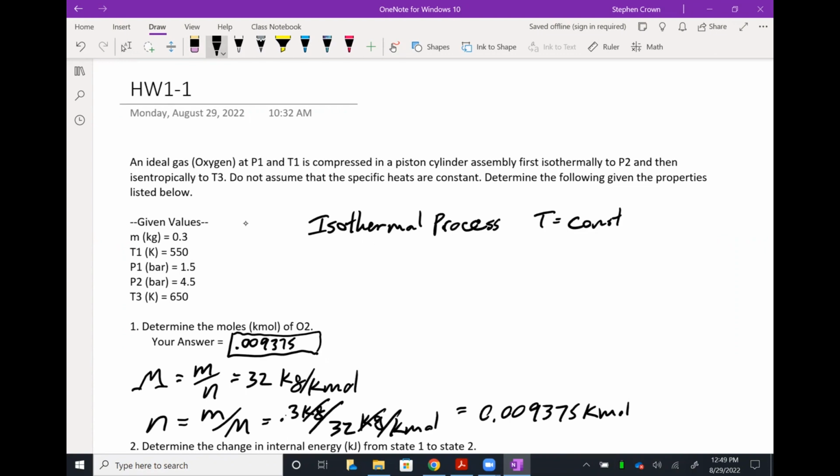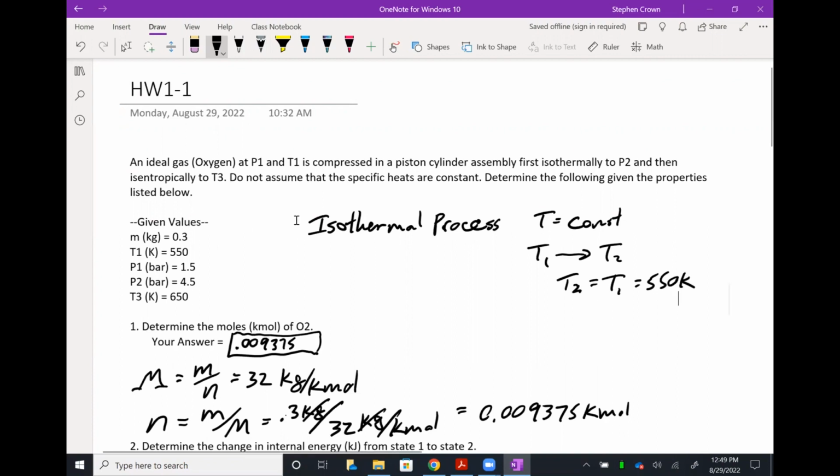That means the temperature at the start of the process continues throughout the whole process, and at the end it's at T2, so T2 must equal T1. In fact, the temperature never changes during the process. So T2 equals 550.